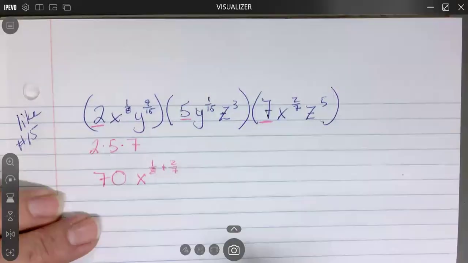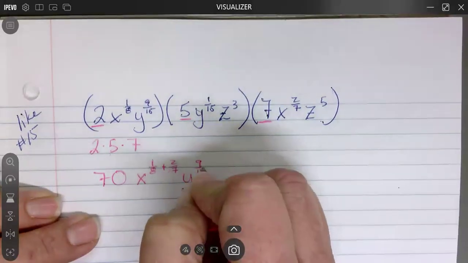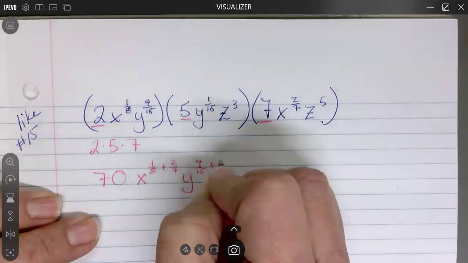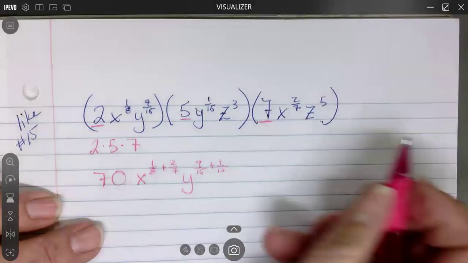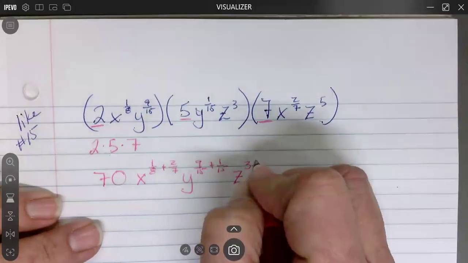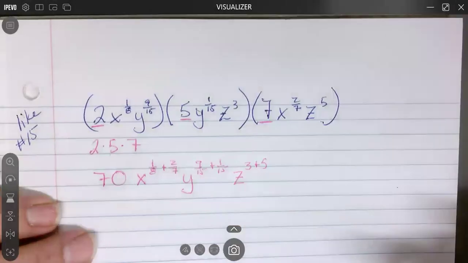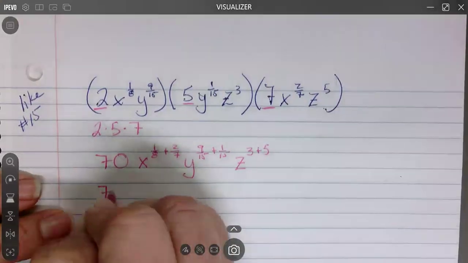We'll be fine. Then we have y to the 9/15 plus 1/15, right? There's another y. Then we also have the variable z to the 3rd plus 5. Okay. So that's going to give us 70.